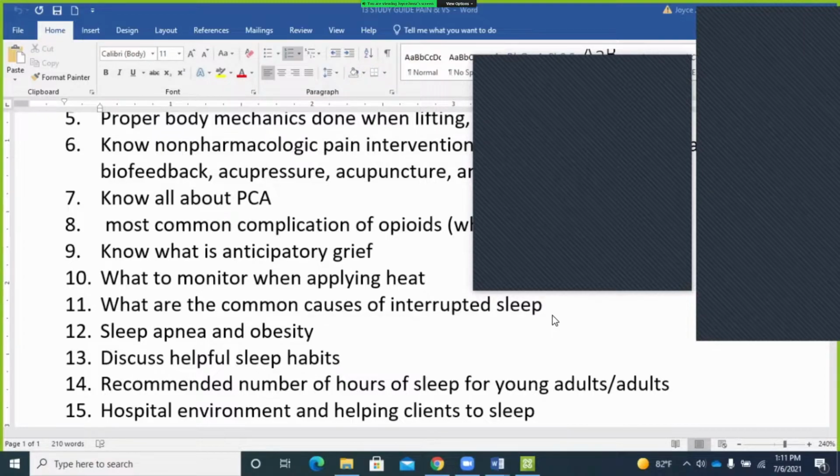What else, guys? So remember alcohol, guys, it can help you fall asleep, but it won't make you stay asleep. Okay?